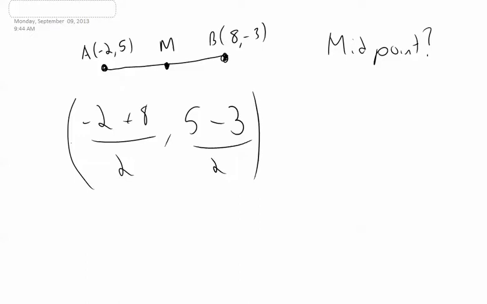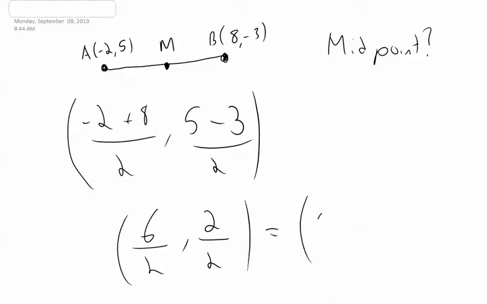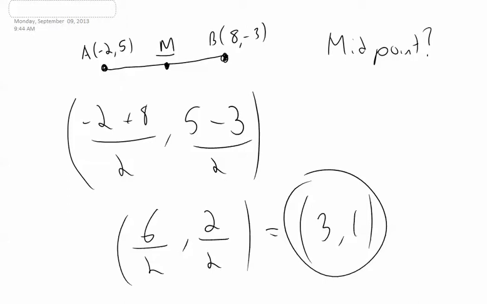Simplifying this, I end up getting 6 over 2, comma, 2 over 2, which can be reduced to basically just 3 and 1. So there's my midpoint. My midpoint right here, M, would be 3, comma, 1.